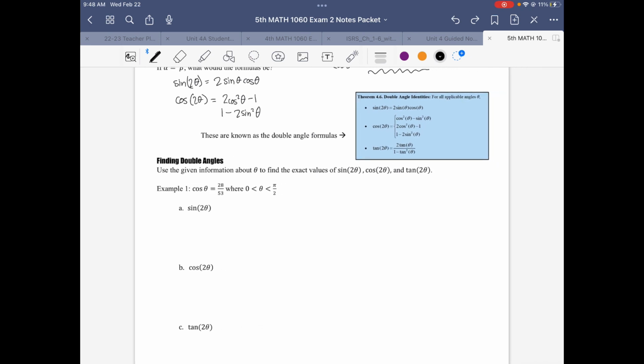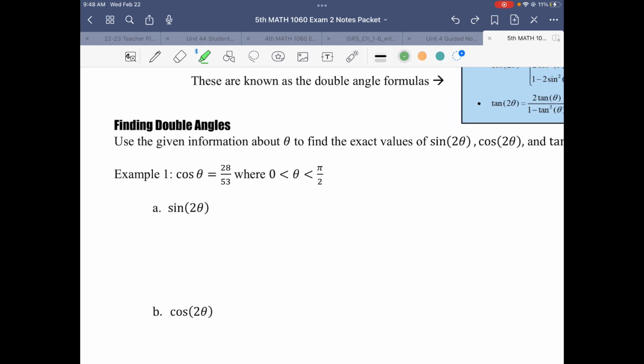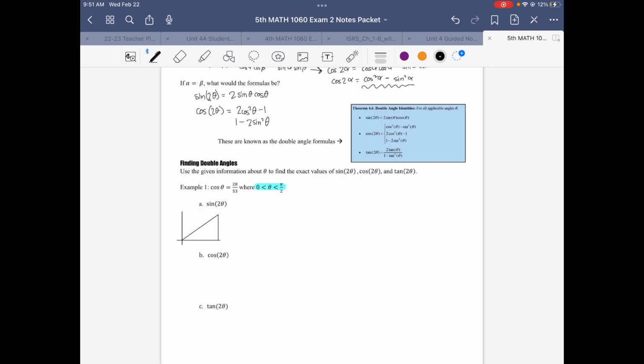So that's all great. How do we use them? Okay, so first things first, we need to talk about the quadrant thing here. So if we're dealing with cosine of theta equal to 28 over 53, where we are in the first quadrant, but then we want to know about 2 times that angle. So if this is alpha, then the cosine is saying this is 28 and this is 53, and then this would just be y, or our sine.